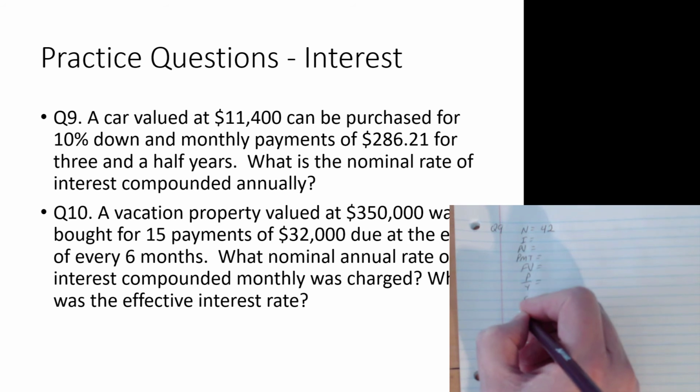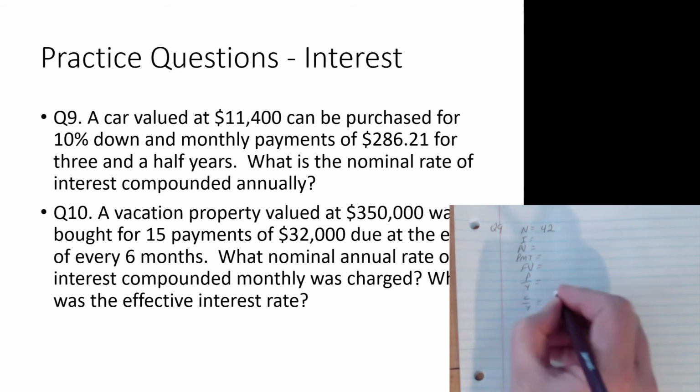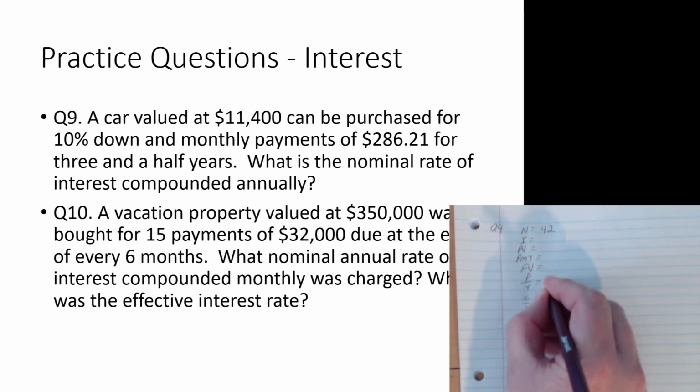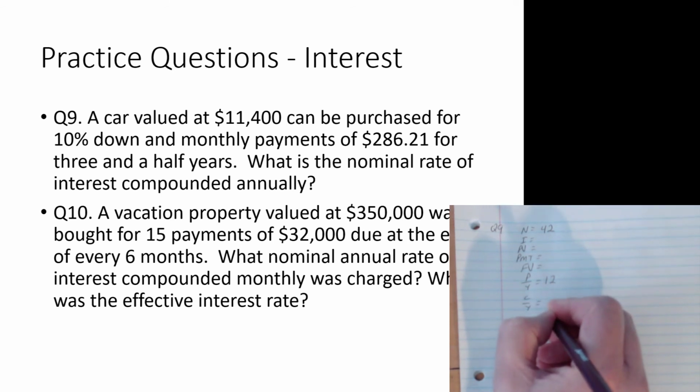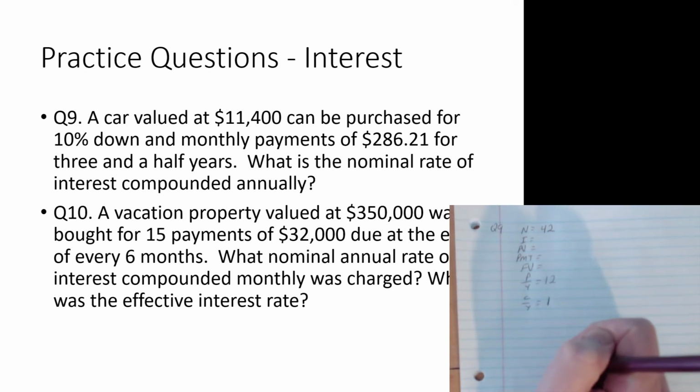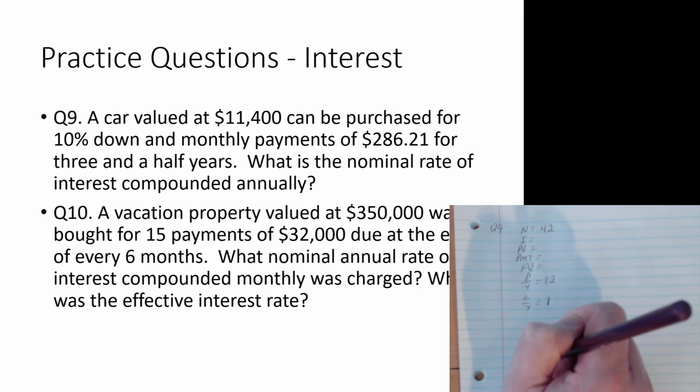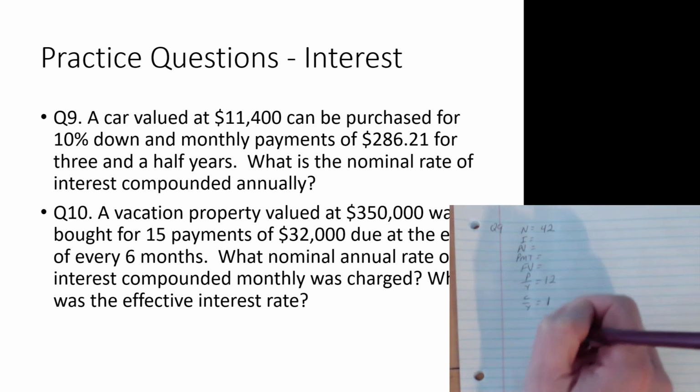I is what we're trying to find, the nominal rate. Those payments are 12 per year. And it does say that interest is compounded annually, so I do have that one down there on the C over Y. Now, how much did we borrow? Well, we borrowed $11,400.